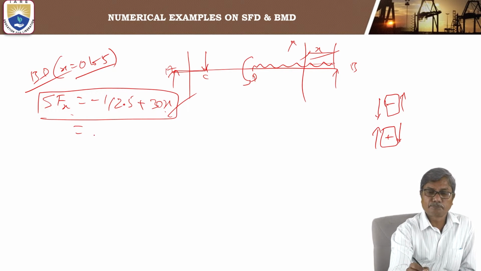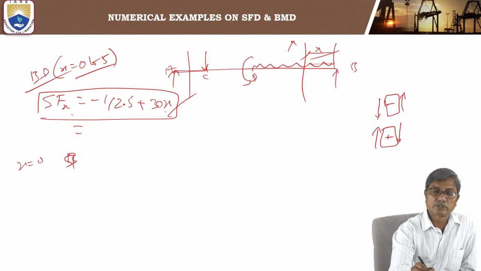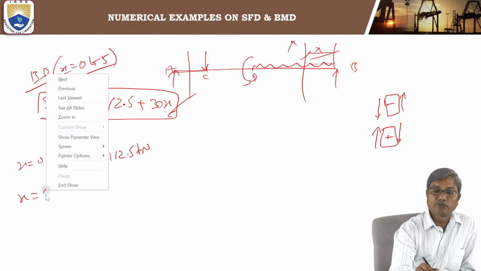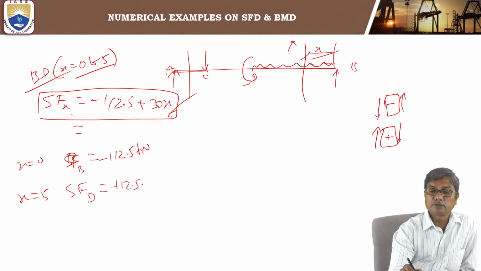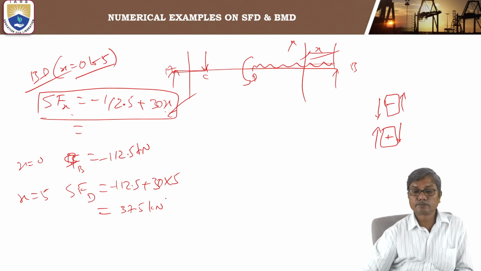At x equal to 0, shear force at B will be minus 112.5 kilonewtons, as this term becomes 0. Similarly, at x equal to 5 meters, shear force at D will be minus 112.5 plus 30 into 5, so it becomes plus 37.5 kilonewtons.